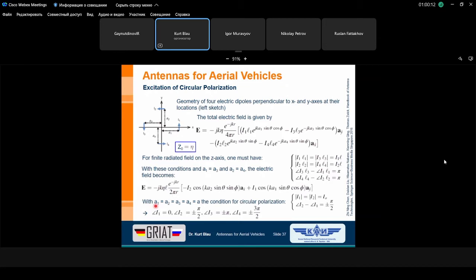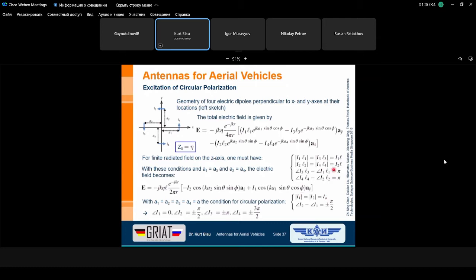Now we can say all distances are equal, identical with A, and then we can make a derivation for the condition of circular polarization. The currents on the dipoles are also identical.